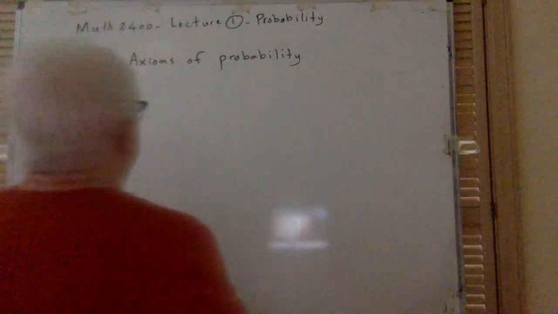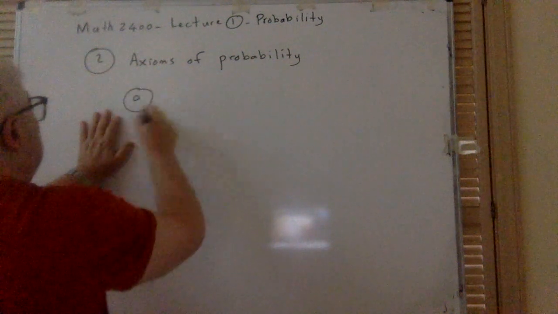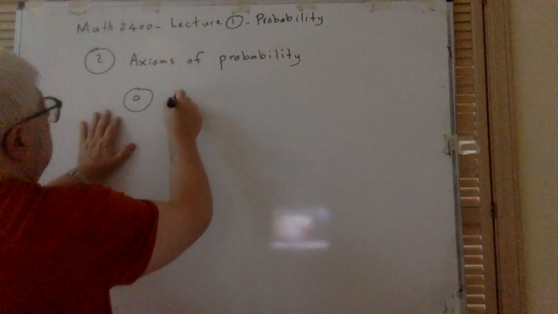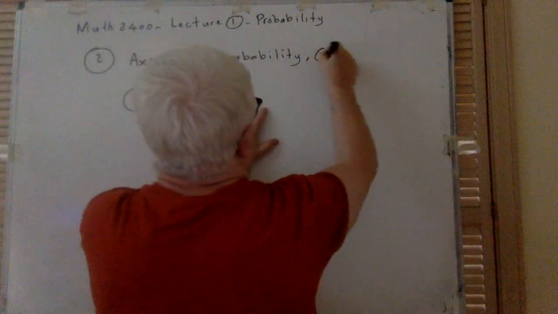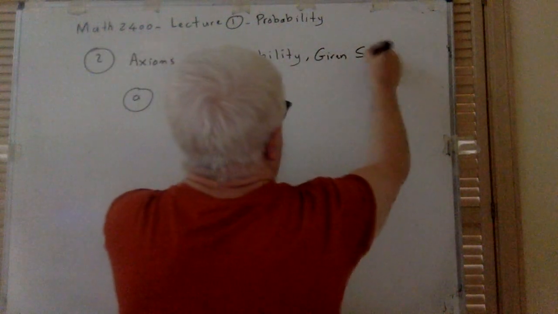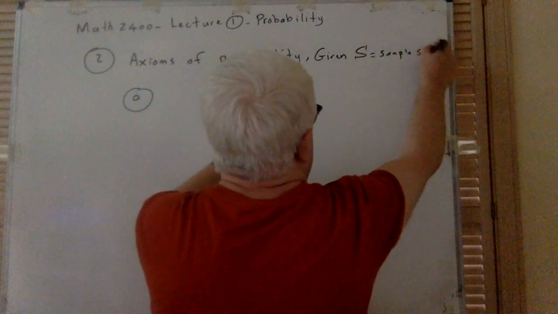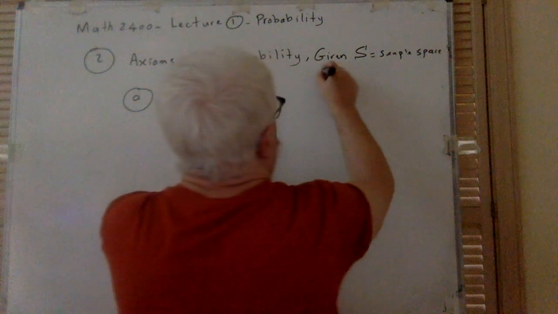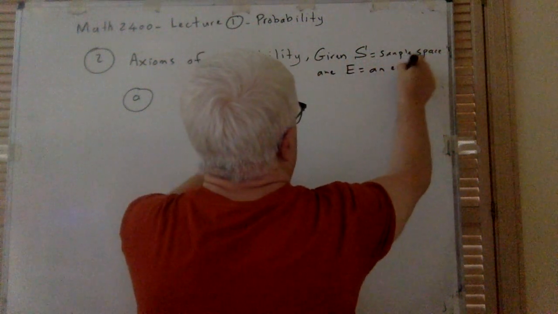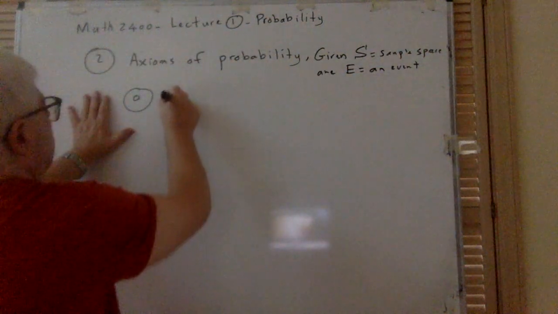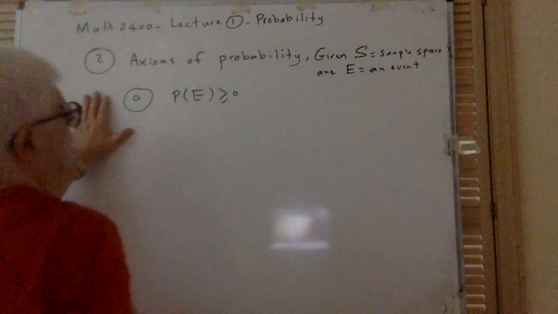So the axioms are A. Should I say 1 or 2A? Yeah, that's okay. So axiom number A: given S a sample space and E an event, P of any event E is a number between 0 and 1.